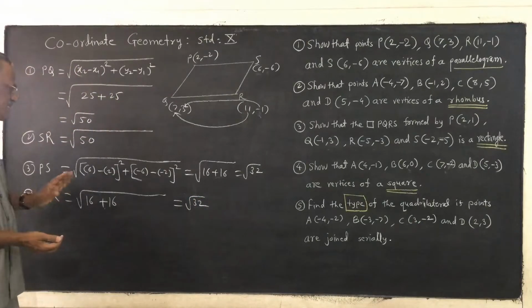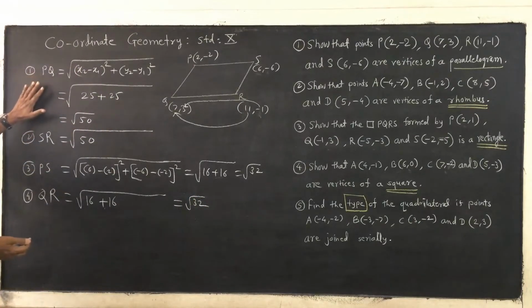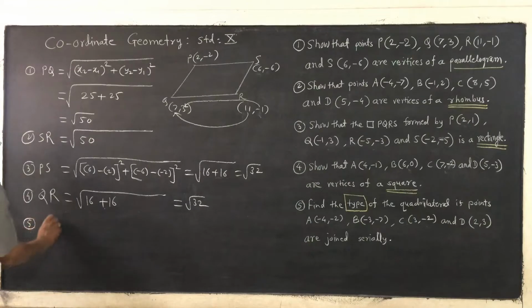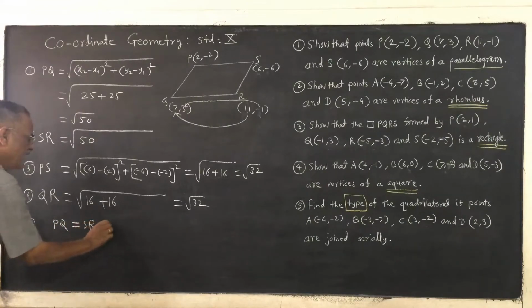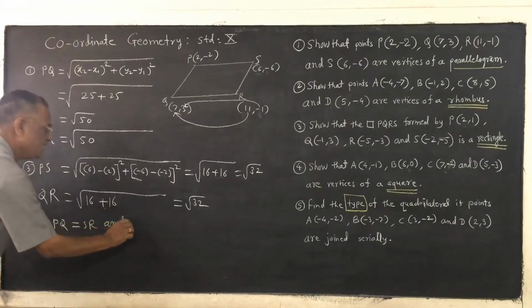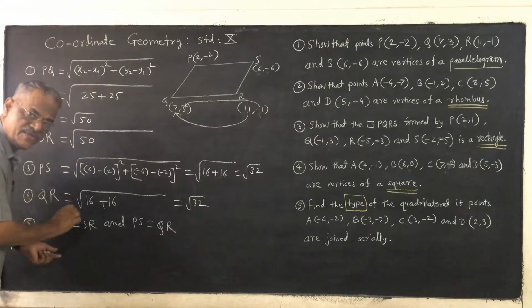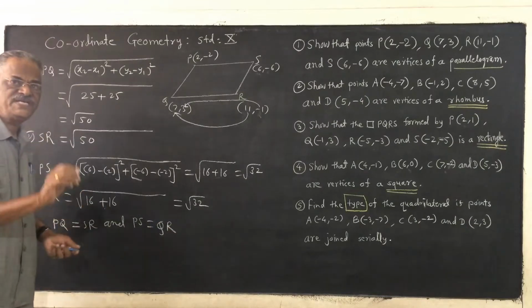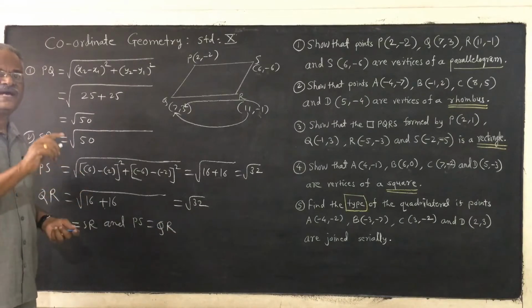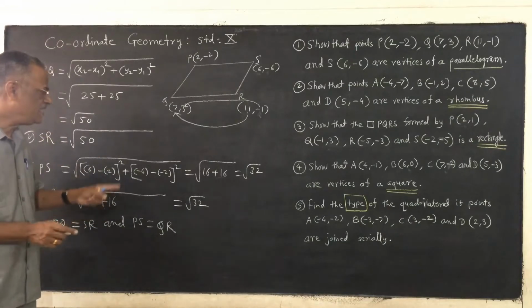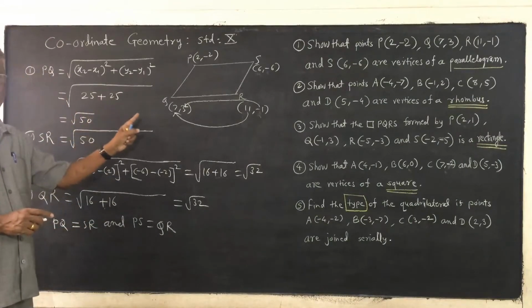So very interesting. By observation, you can write that PQ is equal to SR and PS is equal to QR. Opposite sides of this quadrilateral are congruent, equal, so it is a parallelogram.